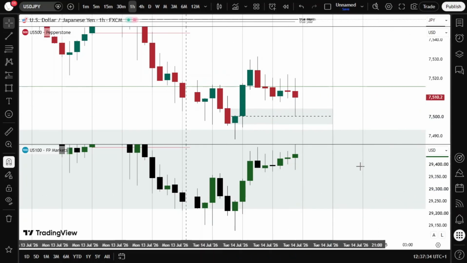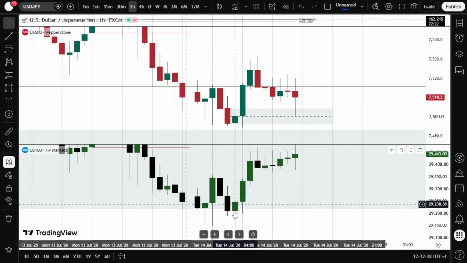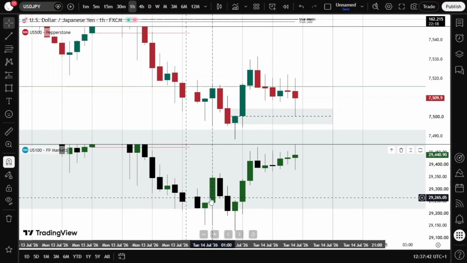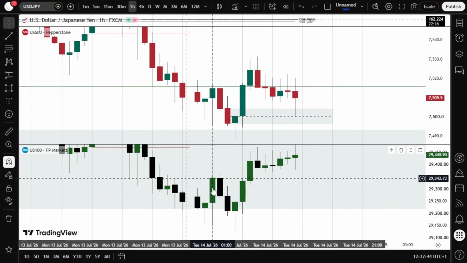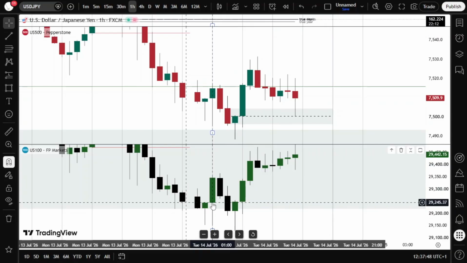One second. Then over here, have we gotten an order block? I think so. With the close over here, we closed above. We are not going to consider this 1 a.m. candle because the closing price is just a bit above the opening price, so that candle closed a bit bullishly.